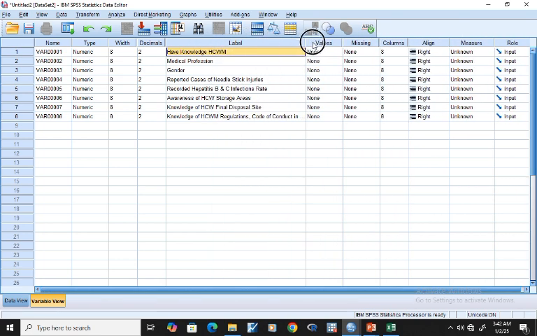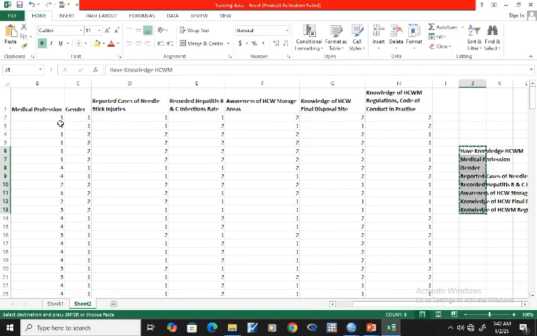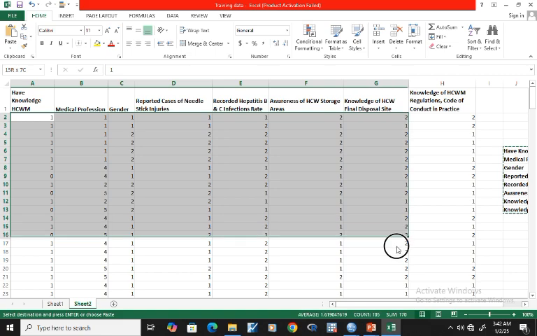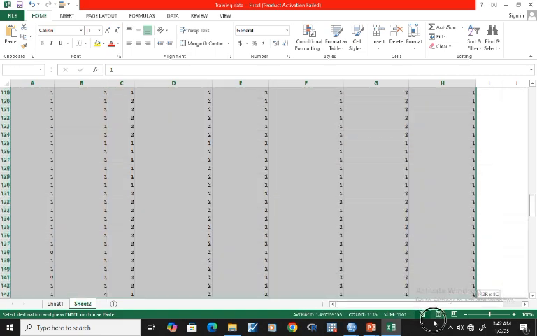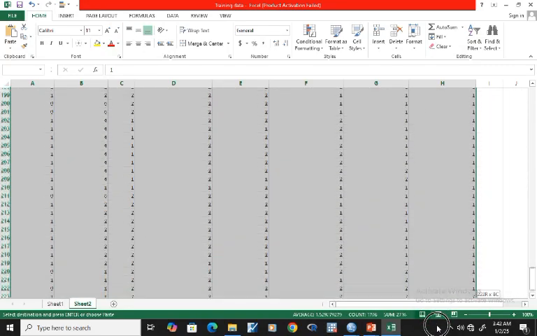About the gender, we'll have to see them. The next one is to copy all the data points. These are the codes for all our variables.